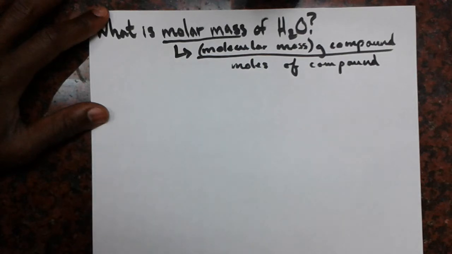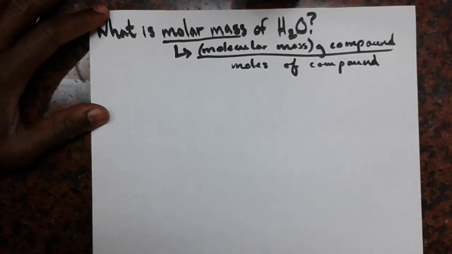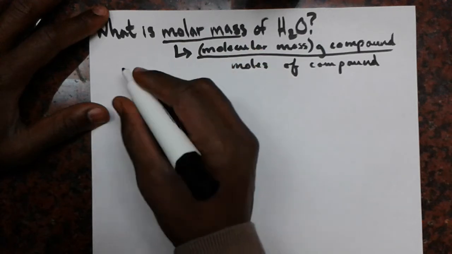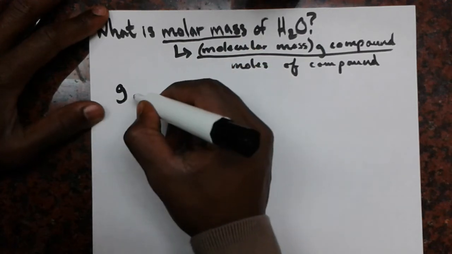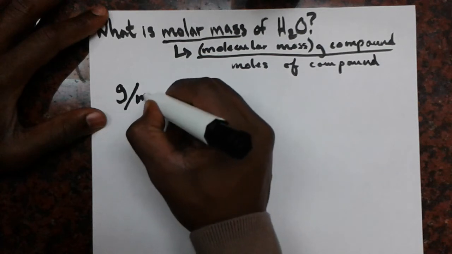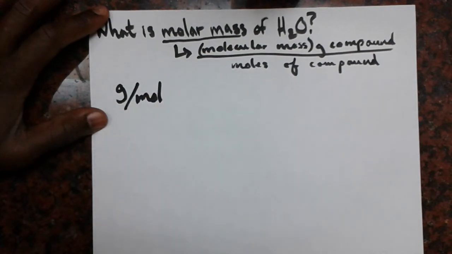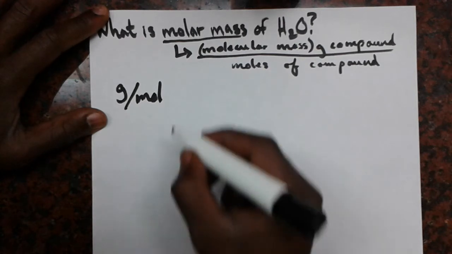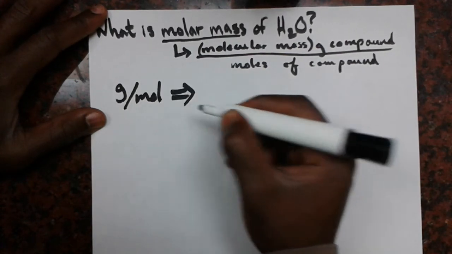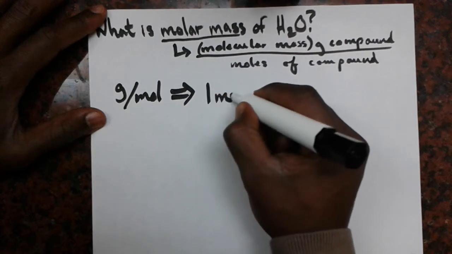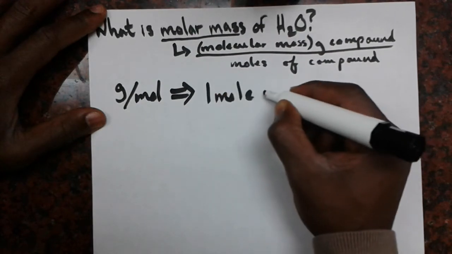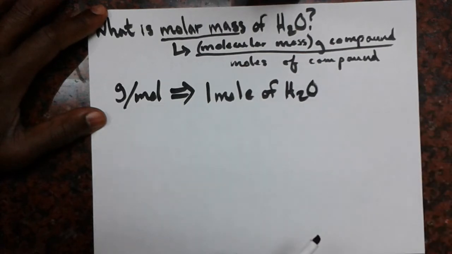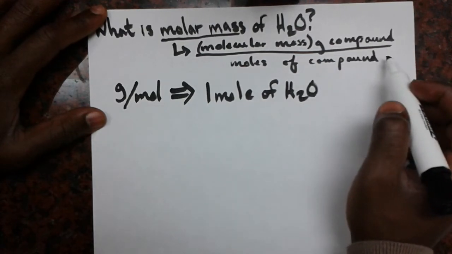So let's identify the molar mass. We know that by the definition, molar mass equals grams per mole. So the per indicates we just need 1 mole. So 1 mole of H2O, we have this bottom portion.